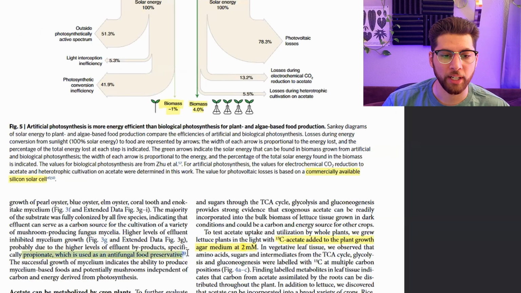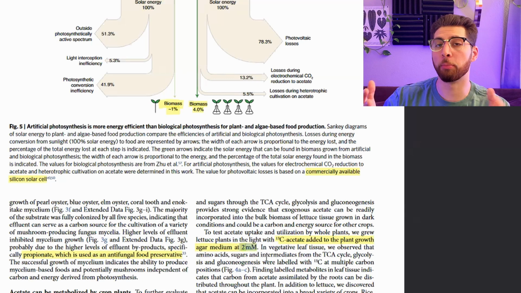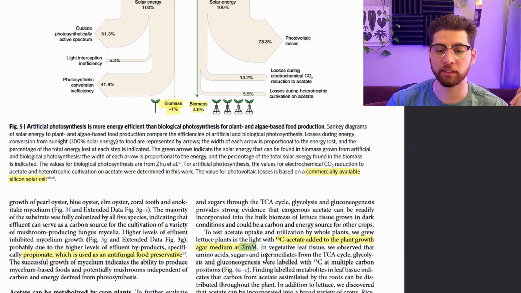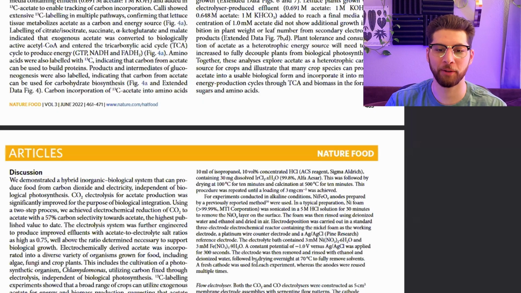Oh yeah, so here's the section where they say propionate is an antifungal, and then with the C13 labeling for the plants, they were only feeding them 2 millimolar of acetate. 2 millimolar. This is a really small amount. Before we're looking at hundreds of millimolars feeding to algae and yeast. So for plants, maybe we're a little bit further away from this cool new future, but for algae and yeast, we're already there. We can do it right now.